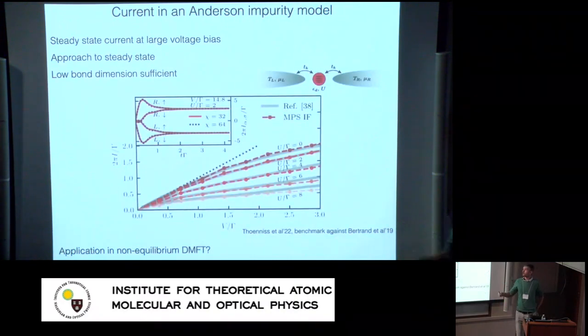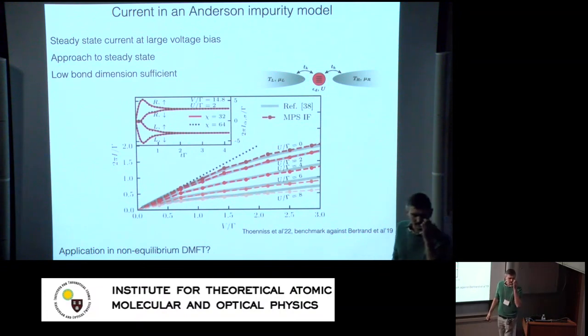And this also allows you to model non-equilibrium currents, right? So for example, here we are studying, sorry, something happened with equality. We are studying current through the Anderson impurity model, essentially quenching the voltage to some finite value and seeing how the current settles.